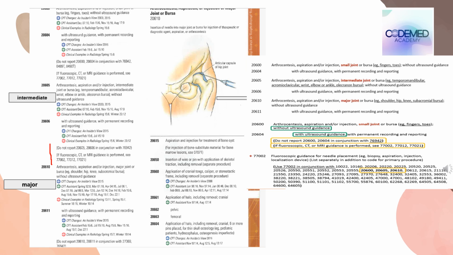So if CT or MRI guidance is taken, then we need to add this additional code, because though the codes are for the ultrasound, I have given here: do not report 20600 and 20604 in conjunction with 76942, because 20600 is without the ultrasound guidance, and even 20604 is with the ultrasound guidance. So one must pay attention to where to put the 70,000 series code and where not to put the 70,000 series code. So pay attention to the language of the code.